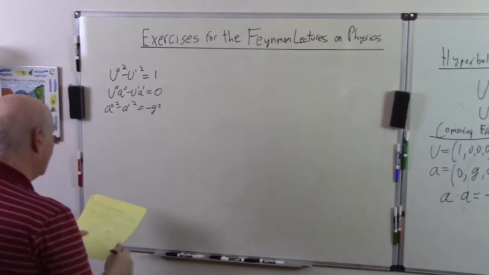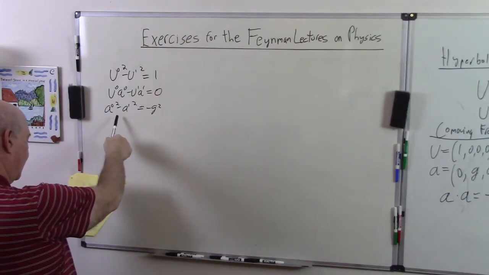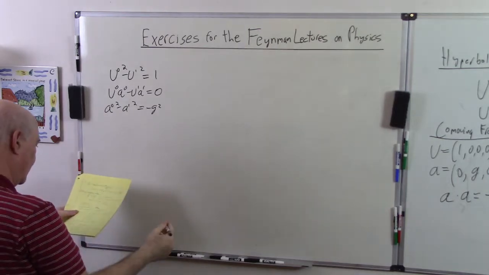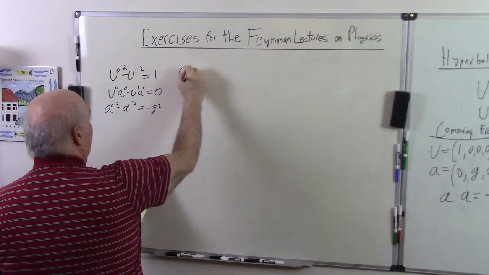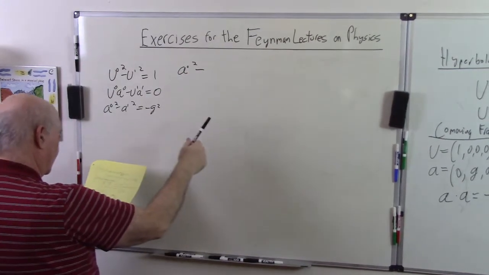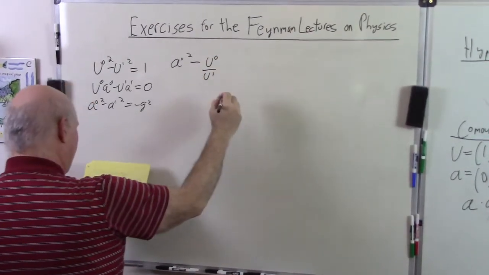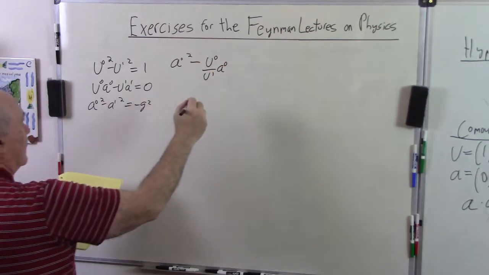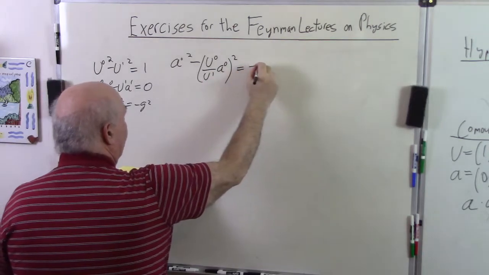In this equation, let me just substitute from the second equation. I'm going to get a0 squared minus (u0 over u1 times a0) squared equal to minus g squared.